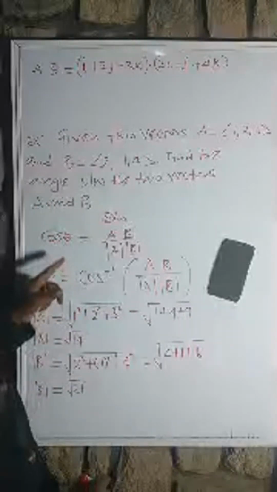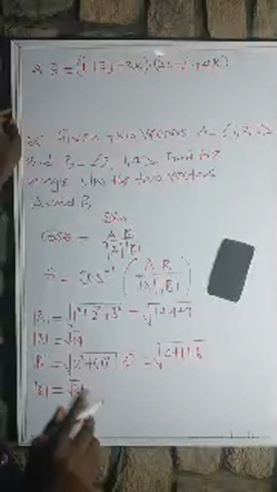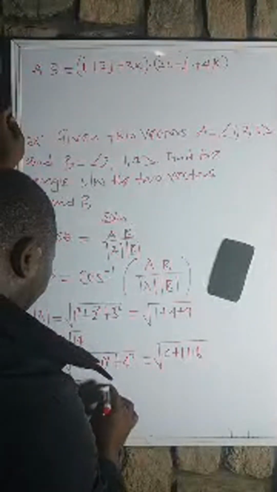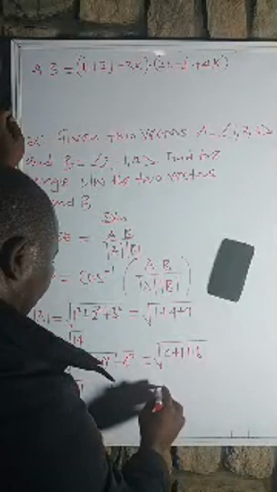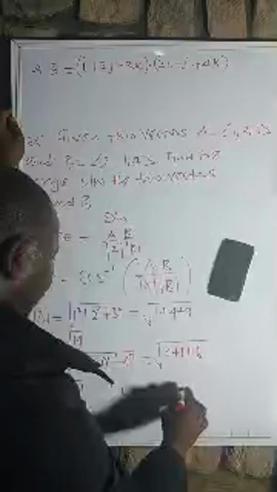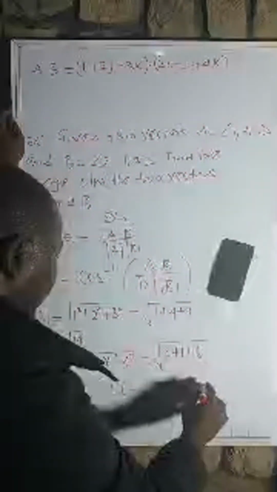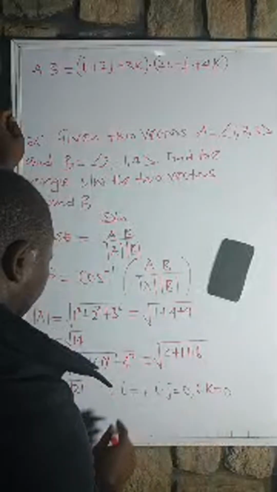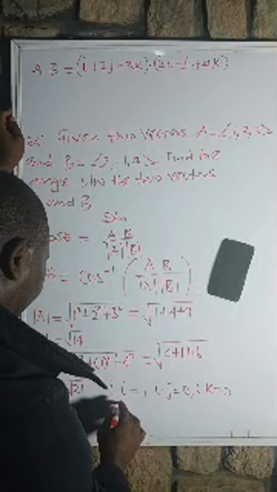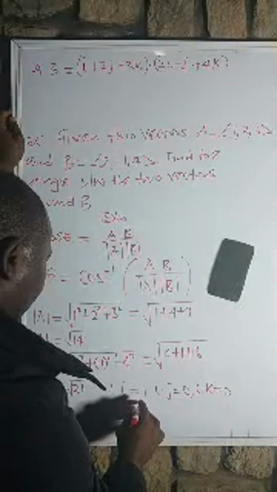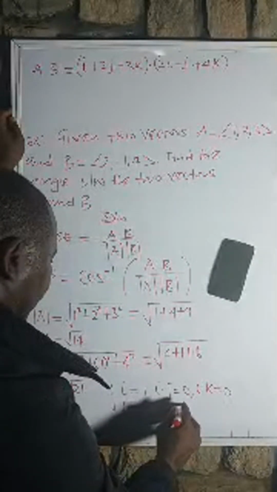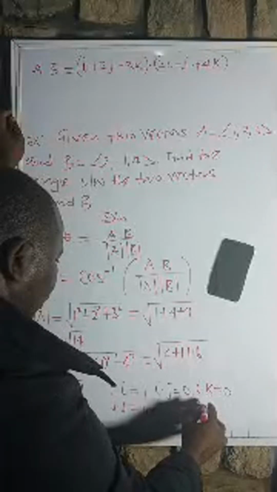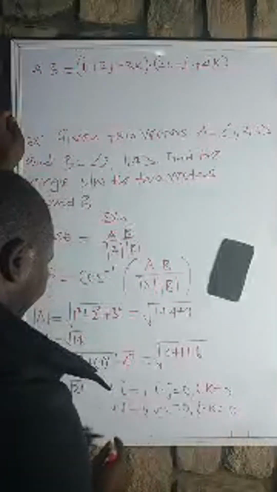As long as we are applying scalar product or dot product, note that i dot i is always 1, then i dot j is 0, then i dot k is 0. Likewise, j dot j is 1, j dot i is 0, and j dot k is 0.